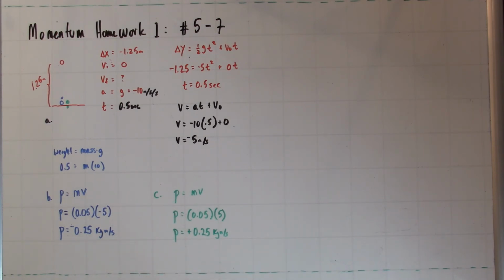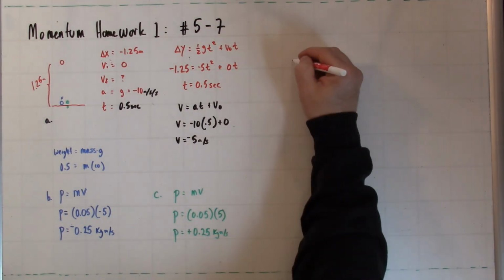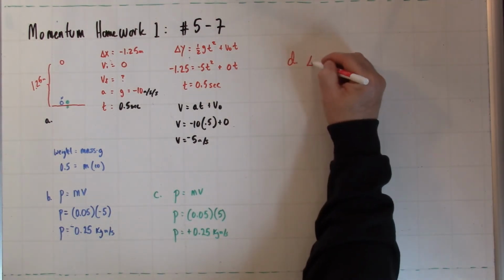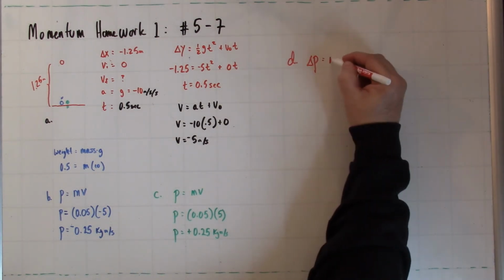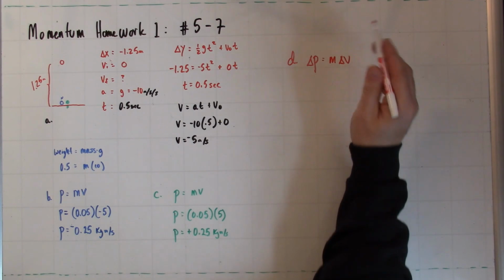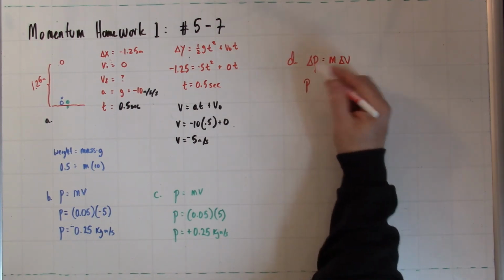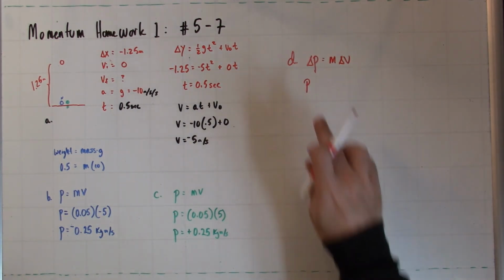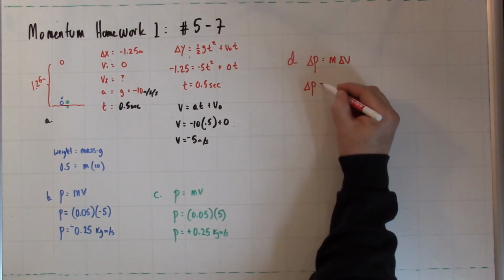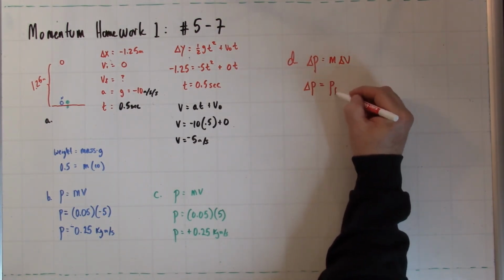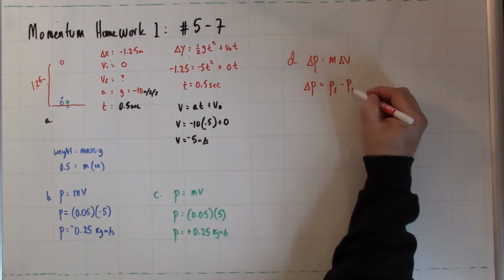So D says, what is the change in momentum of the ball from right before to right after? No problem. Let's do that. Let me do D up here. So the change in momentum, you could do it by calculating the mass times the change in velocity, or if you're sneaky, you can realize that this change in momentum has to be equal to the final momentum minus the initial momentum.